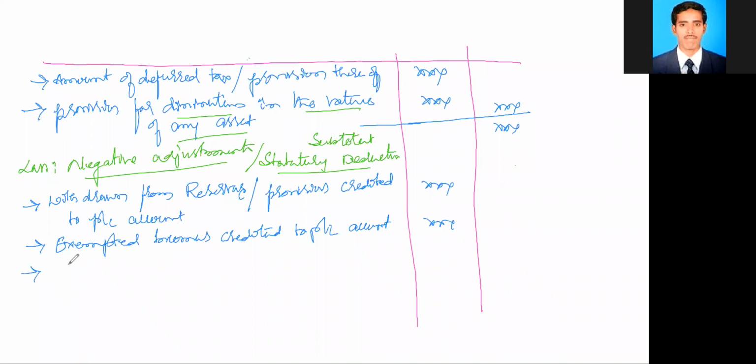Next one is depreciation. Depreciation debited to the P&L account.